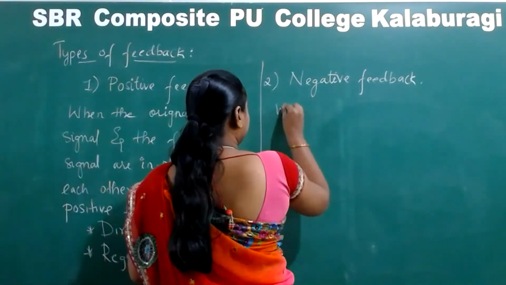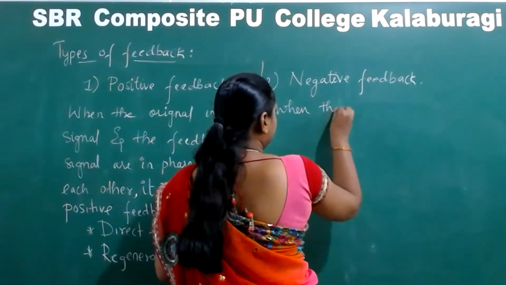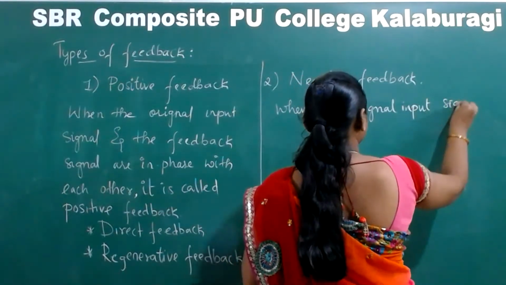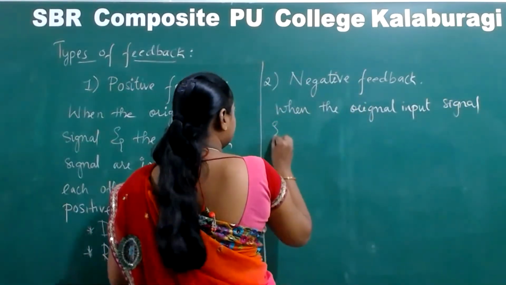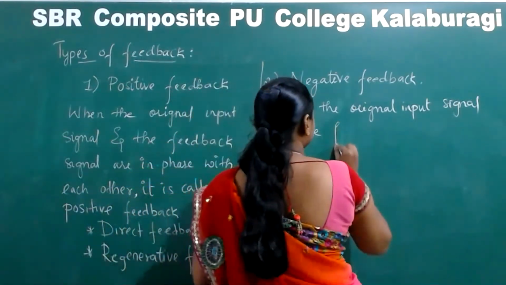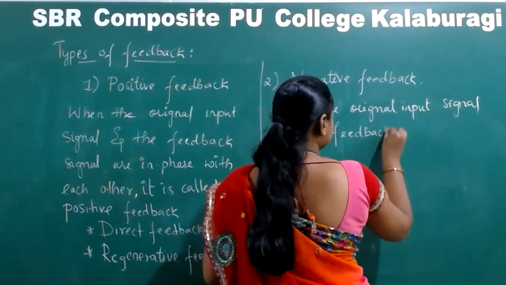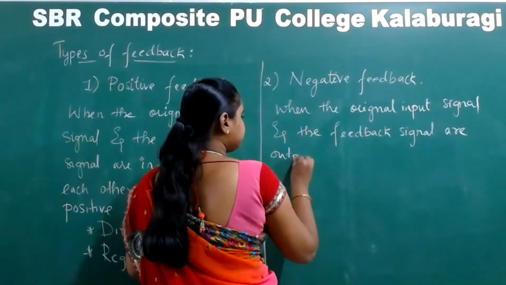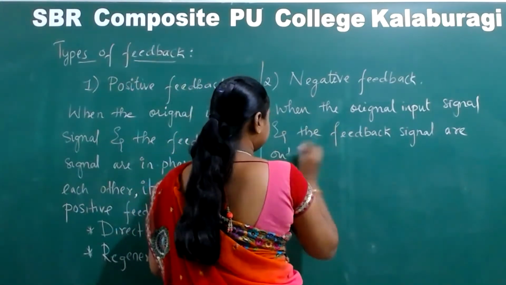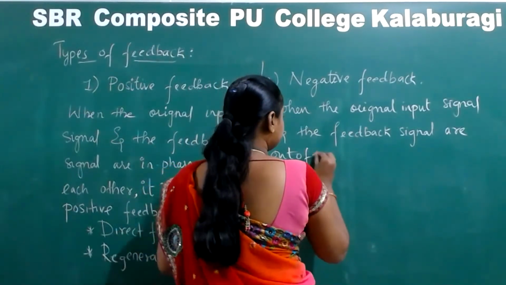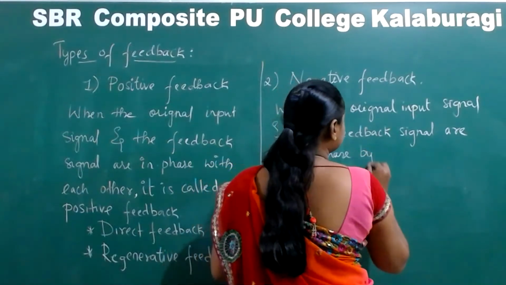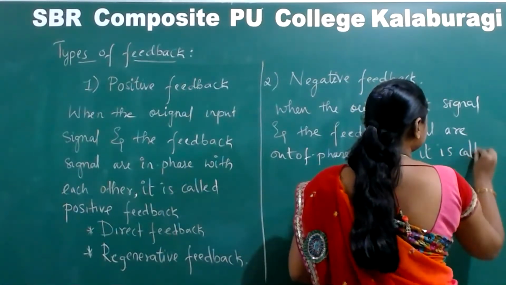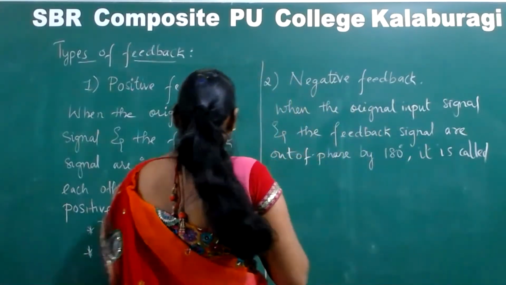Now about negative feedback. When the original input signal and the feedback signal are out of phase by 180 degrees, it is called negative feedback.